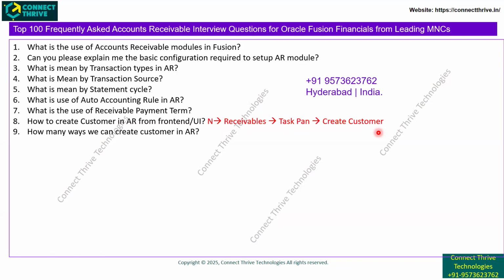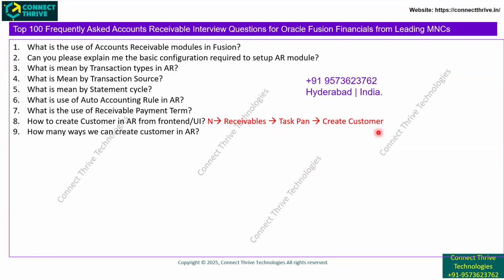And apart from that, if we have any integrations, let's assume most of the big customers, let's take DP World, they will use Salesforce, SFDC.com, to maintain all their customer master data. From there, they will do the integration to our Fusion customer screen.